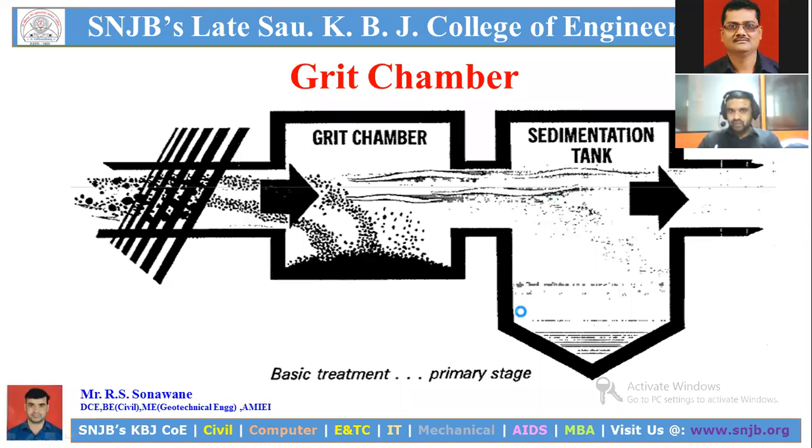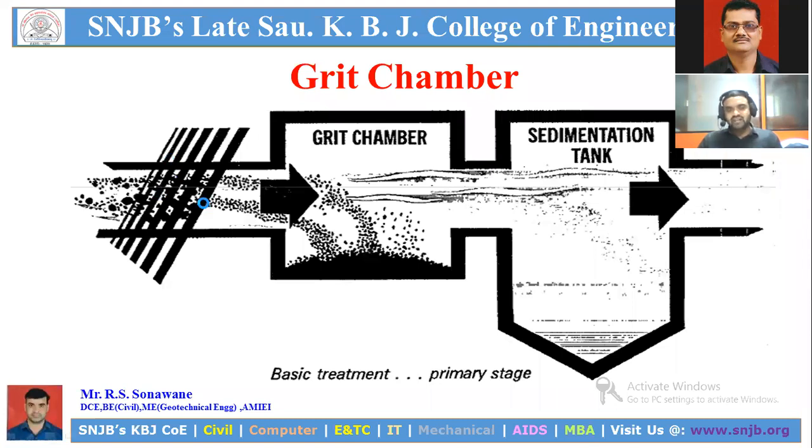These are the 3 units of a primary stage. First, a screen chamber or screening, then a grit chamber, and then a sedimentation tank. Is that clear? So in the previous 2 lectures we already studied screen and screen chamber in detail.